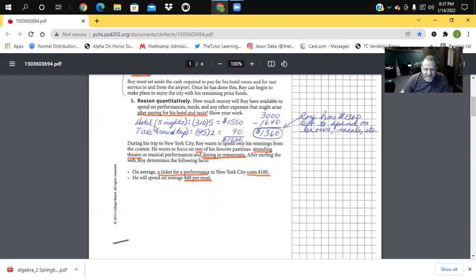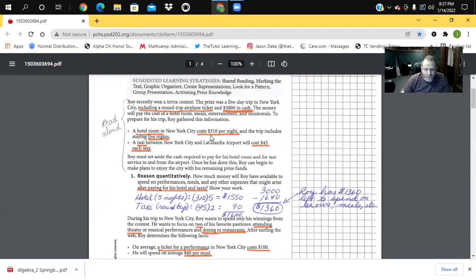All right, guys, so here we have a hotel he's spending 5 nights in. So 310, that comes from the cost of $310 per night, times 5 nights, see underlined here, 5 nights. So that will give us $1,550.